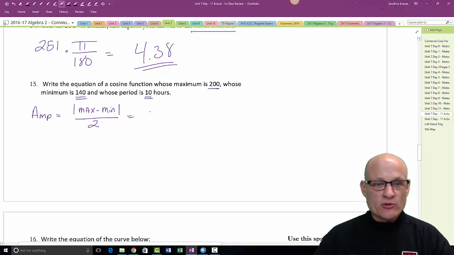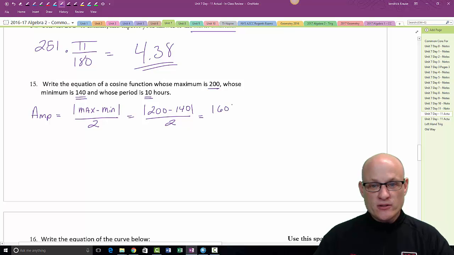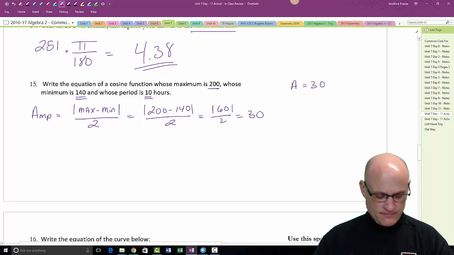So this is equal to the absolute value of 200 minus 140 over 2, which is equal to the absolute value of 60 over 2. So my amplitude is 30. So now A is 30.